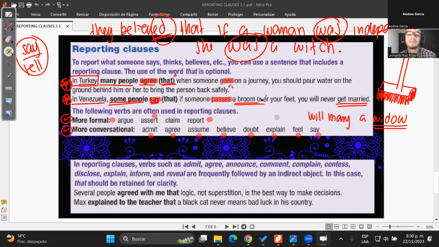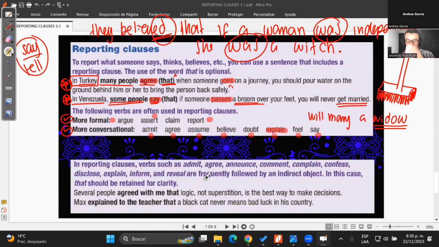So on and so on. For example, I can say the scientists usually explain that the pyramids were built by extraterrestrial beings, using the reporting verb explain. As well as I can use admit, agree, assume, believe, doubt, explain, feel, or say. Any questions on these eight verbs?